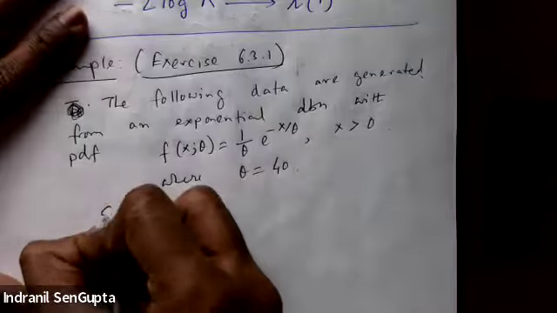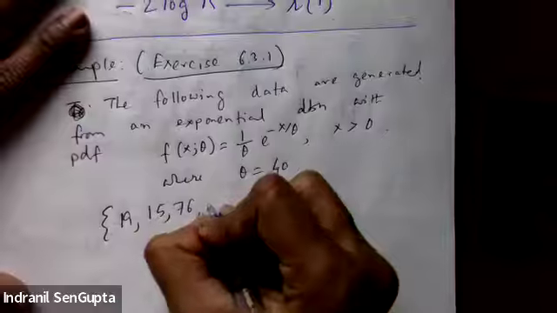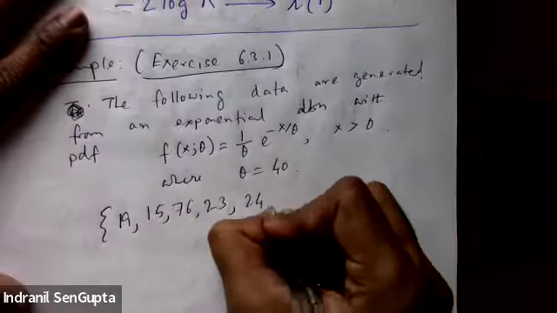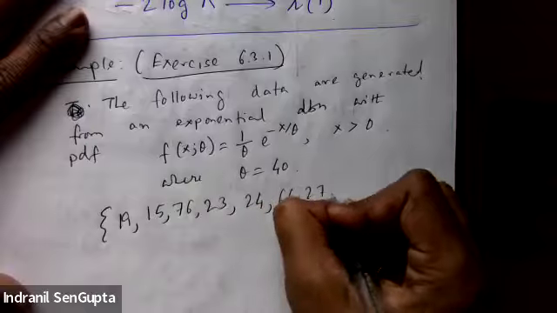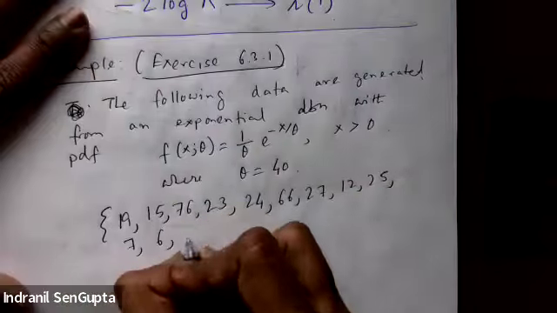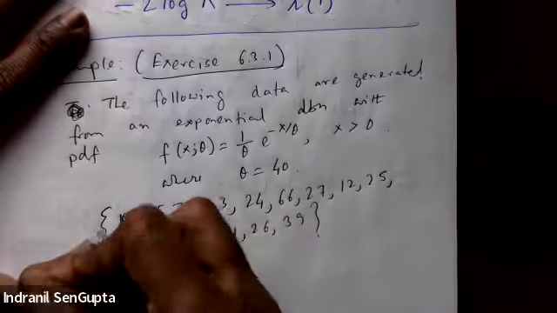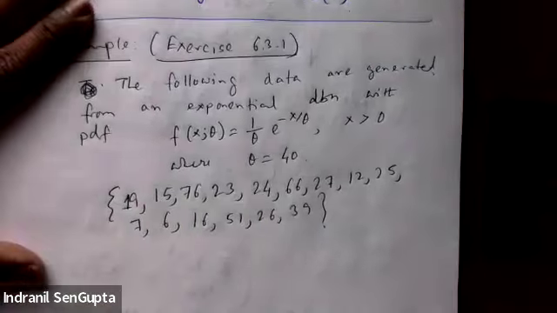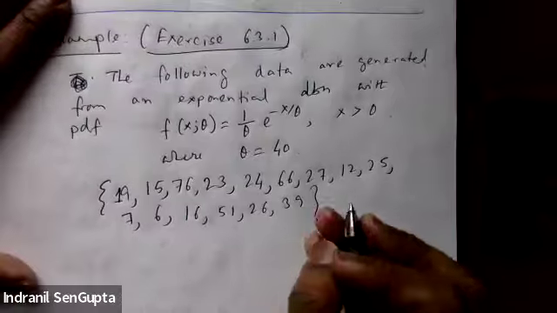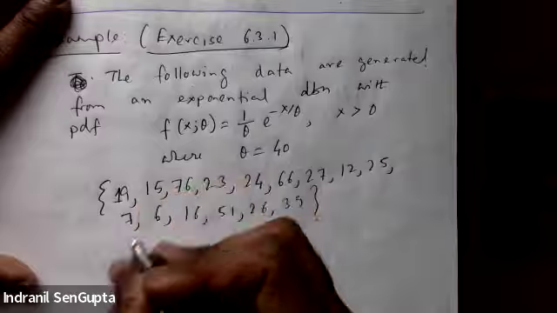And the data are 19, 15, 76, 23, 24, 66, 27, 12, 25, 7, 6, 16, 51, 26, 39. So this is the data. Fairly small data. Okay.